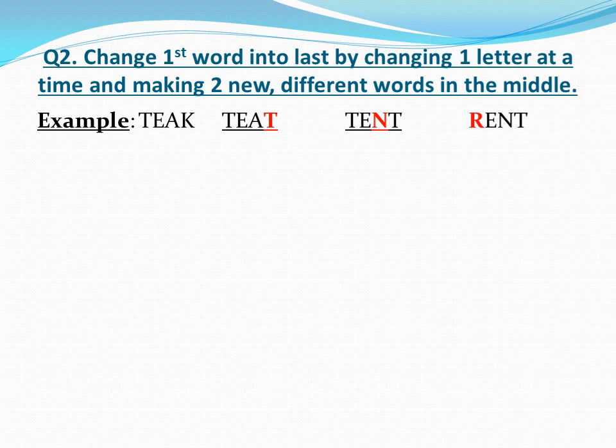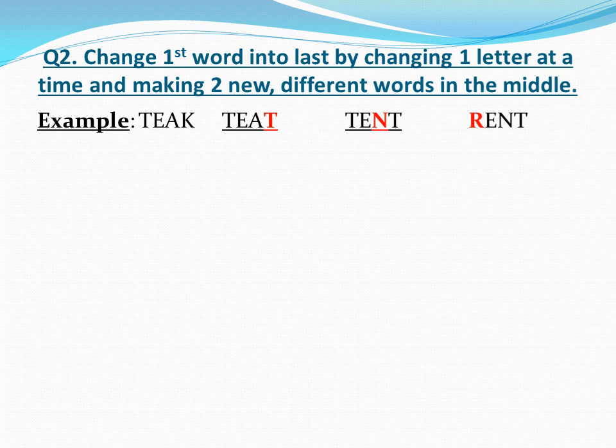So what we did was we changed K to T. We got "teat". In "teat", we changed A to N. We got "tent". And for the final word, we changed T into R. We got "rent". So by changing one letter at a time, we got two new words, "teat" and "tent".